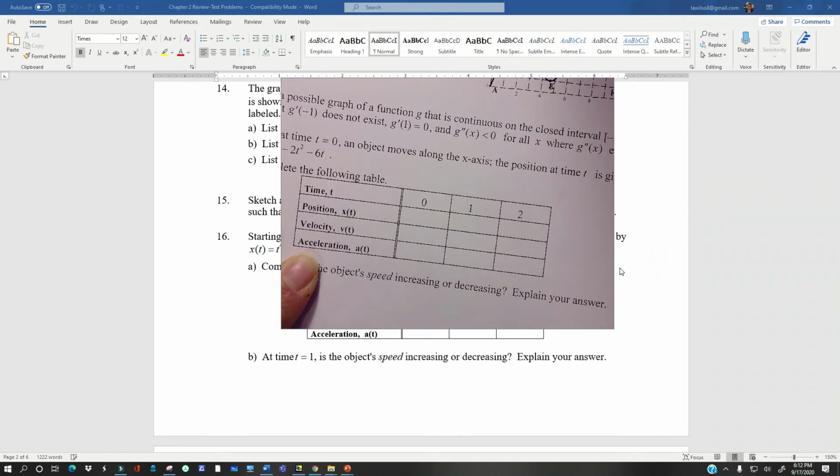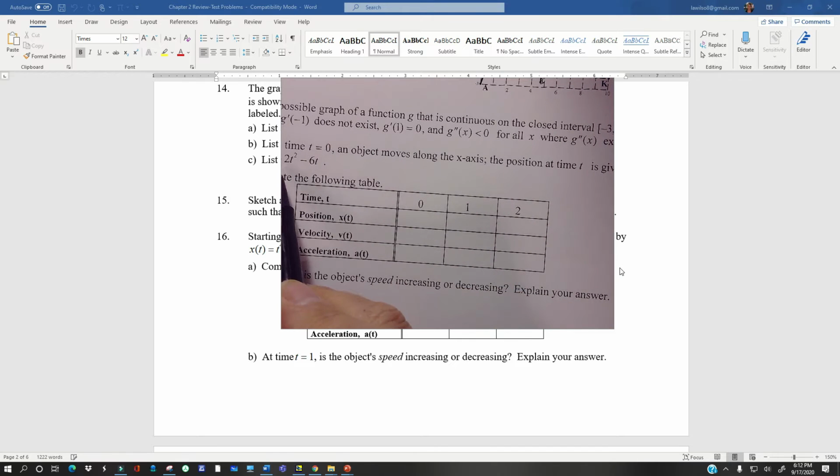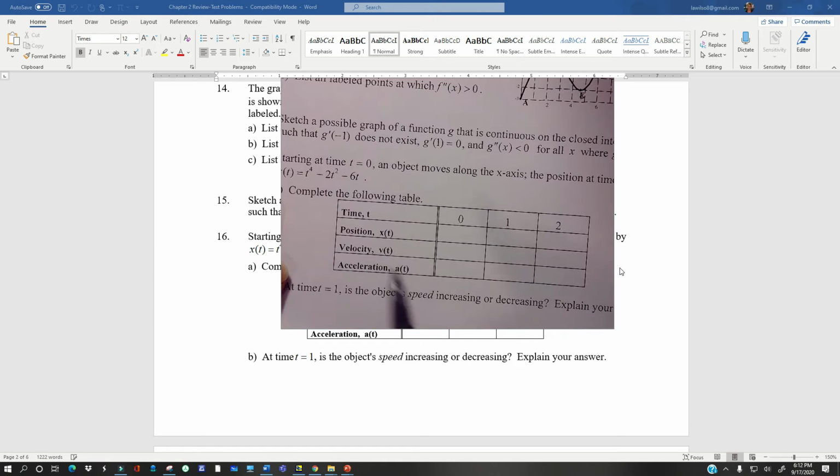And again, I want it over the entire domain because I want to see what's going on. Now, for the position part of the graph, that's easy. I'm plugging in every one of these numbers to see what the output is. So if I plug a 0 in for t, I'm going to have 0. Right? And if I plug a 1 in, I'm going to have 1 minus 2, which is negative 1, minus 6, which is negative 7.